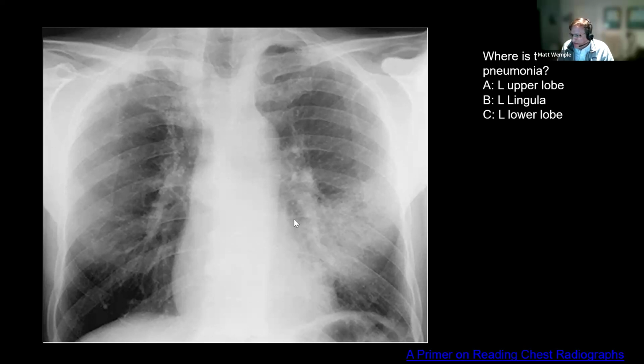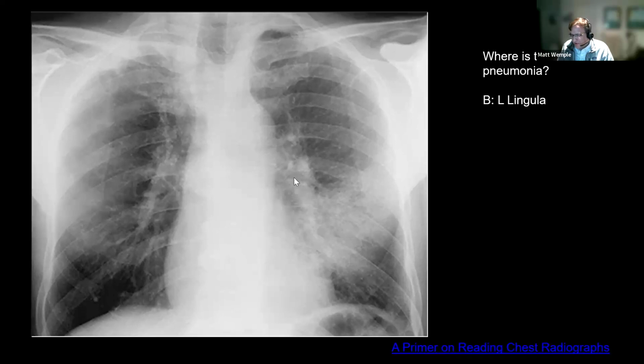Yeah, I think this one is making this left heart border shaggy enough that I think this is a lingular effusion, or I'm sorry, a lingular opacity.